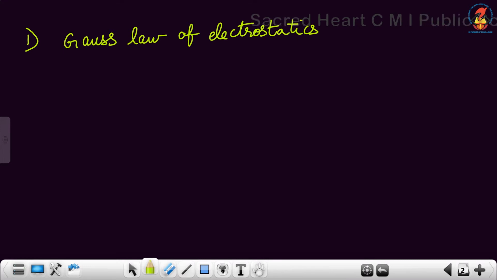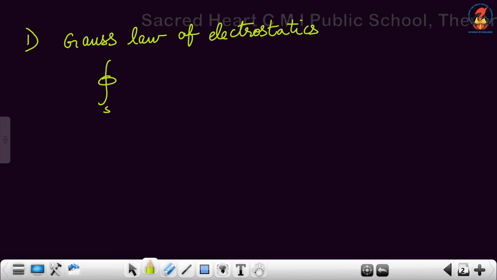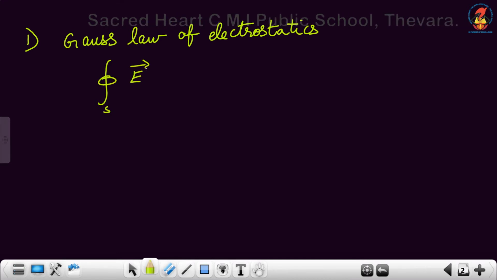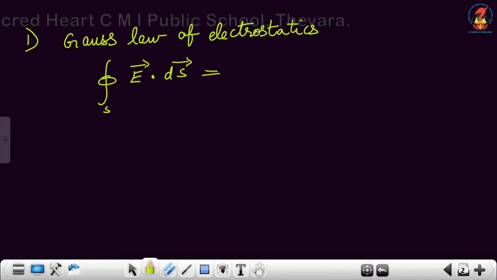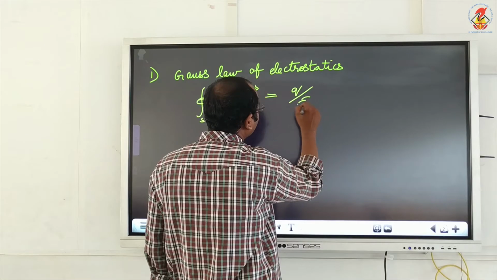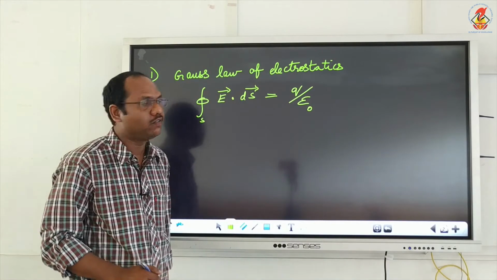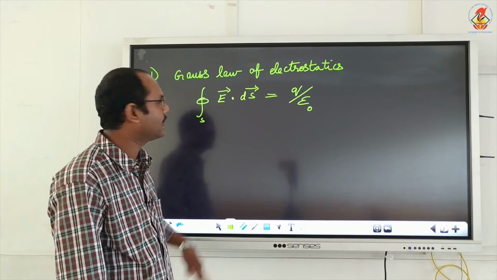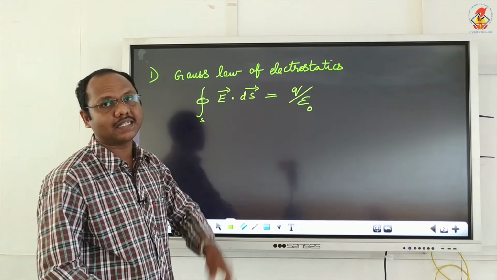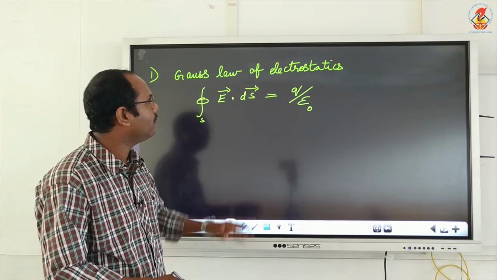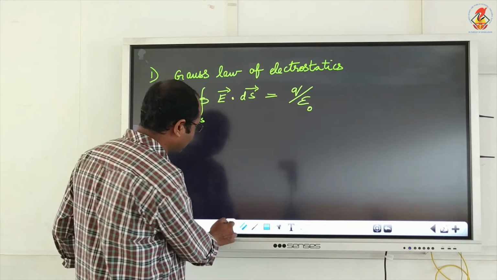We can write it like this: surface integral of vector E dot vector ds is equal to q by epsilon 0. We have studied this in the first chapter, Gauss law in electrostatics. This is considered as the first Maxwell's equation because it concerns electrostatics.